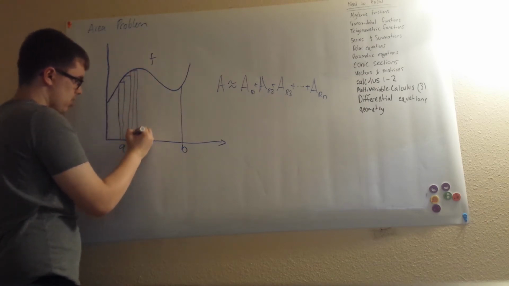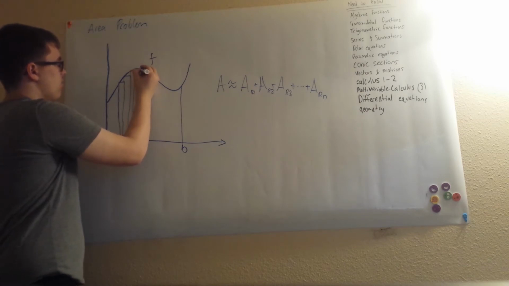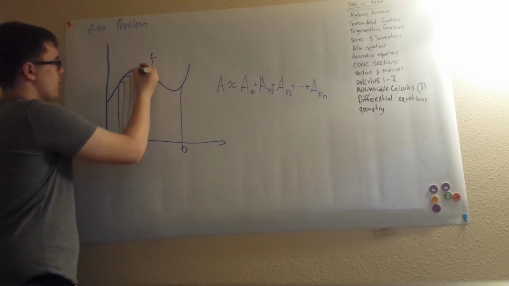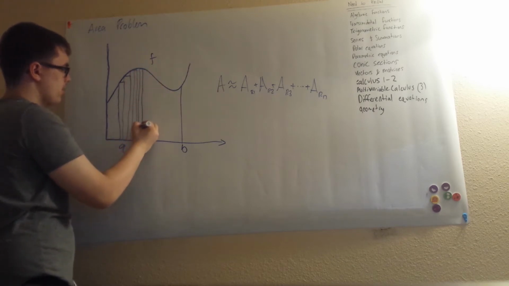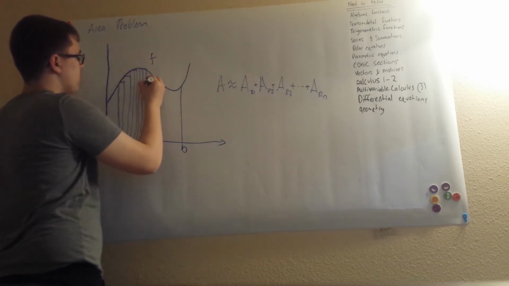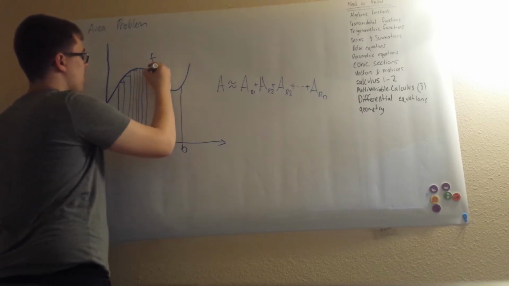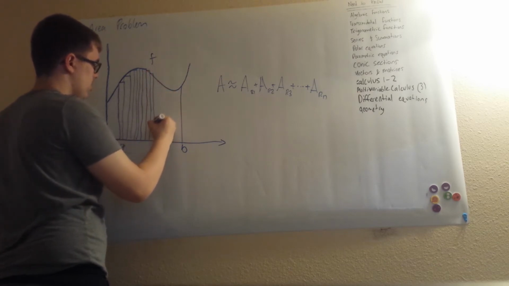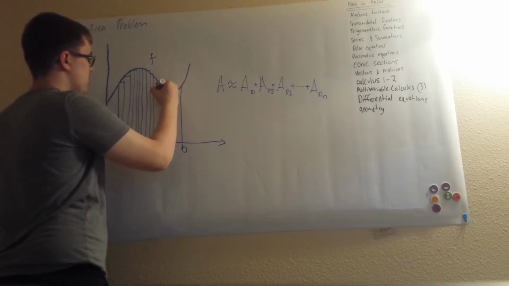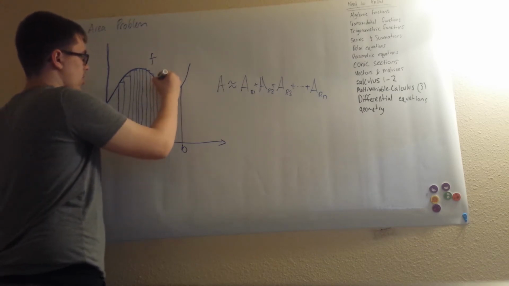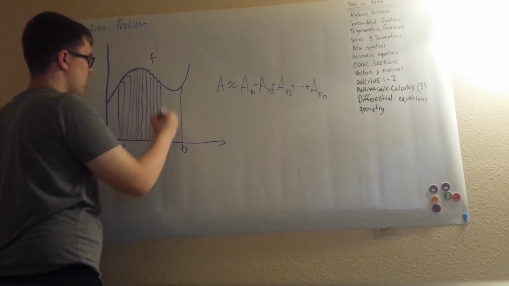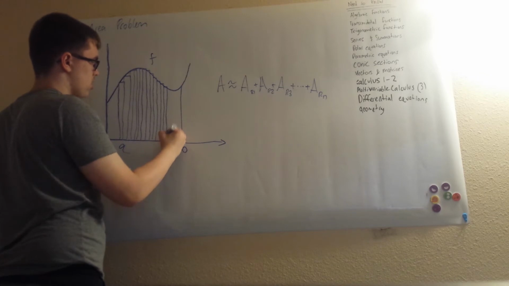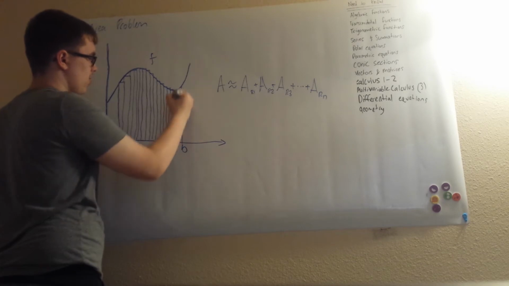So how can we make a more accurate result? I know these aren't perfect rectangles, and these are going a little bit over the curve. But just by looking at what I'm doing right now, how can we make our area more accurate? This takes a little while to do.